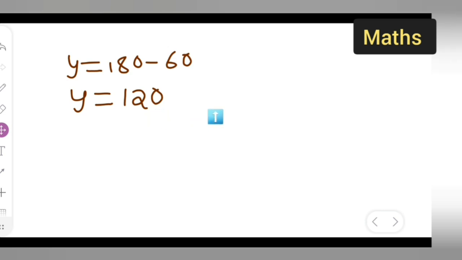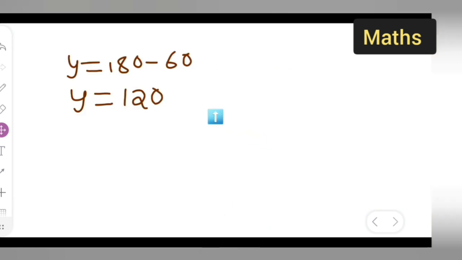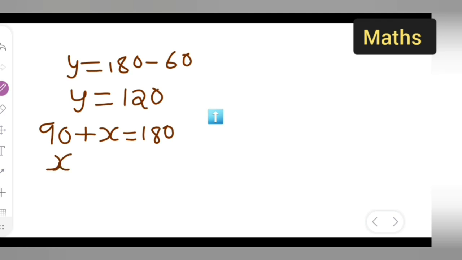Okay. Now let us find the linear pair of this 90 plus x. So write down 90 plus x is equal to 180. So I can write down x is equal to 180 minus 90.